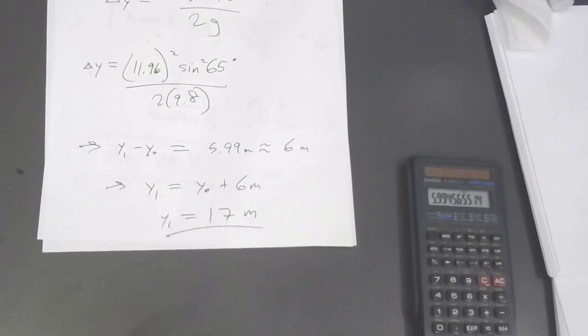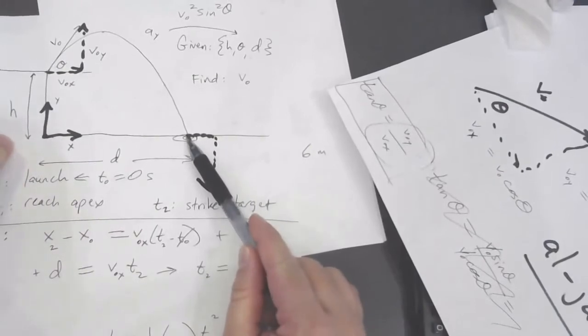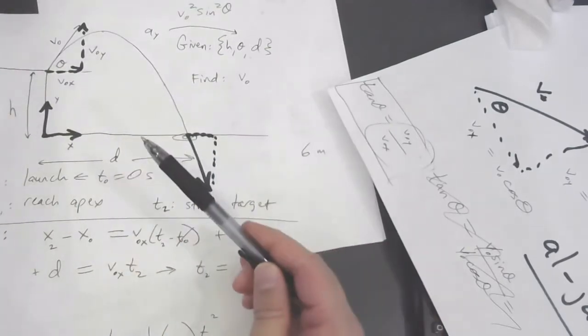Okay? Now, is there anything else we could do with this problem? Yes, we could actually go back and solve for how long it's in the air, the time of flight. We could solve for the time it takes to get to the apex. We could solve even for the y component of velocity when it strikes the ground. Because if we knew the time of flight, we could just plug that into our equation for velocity.